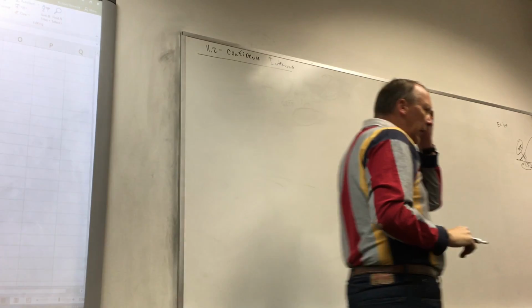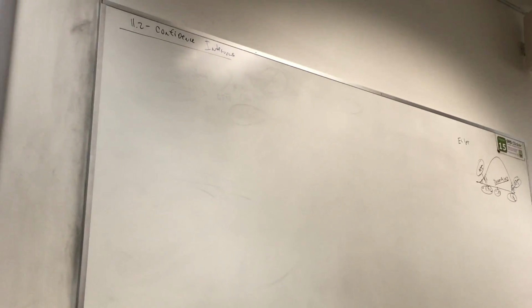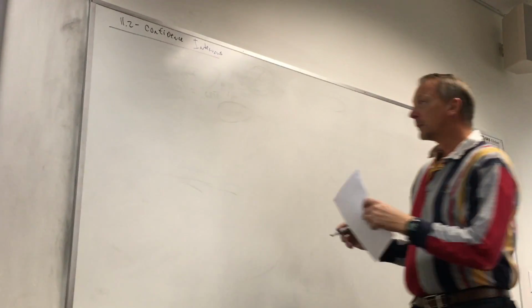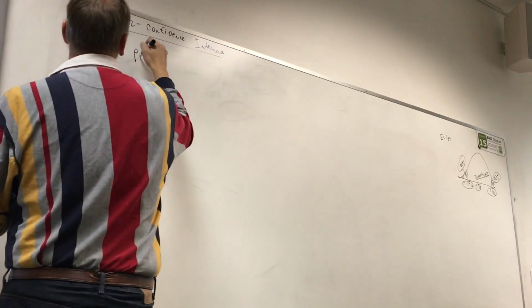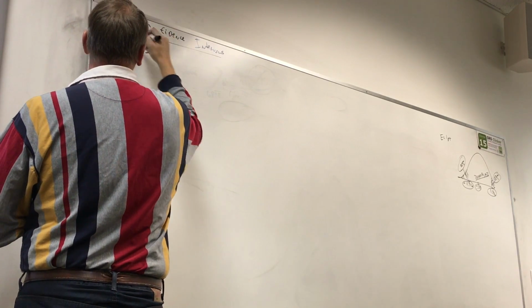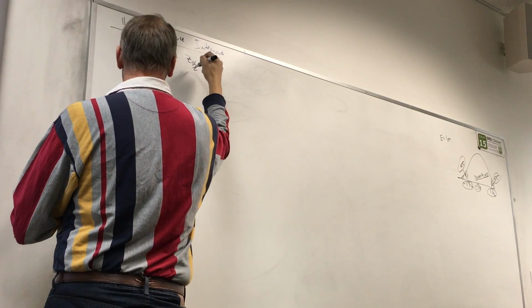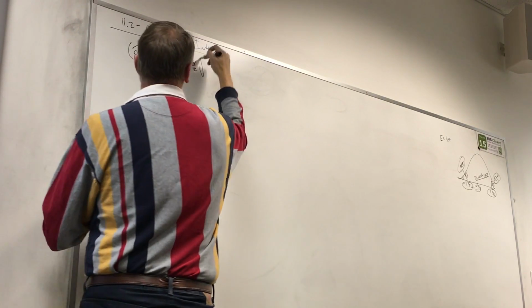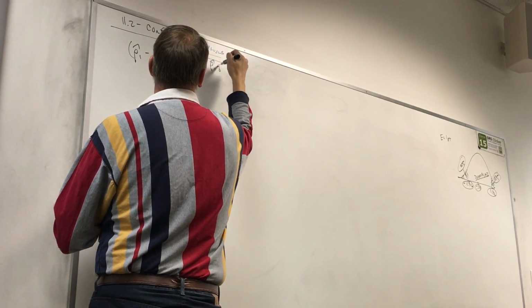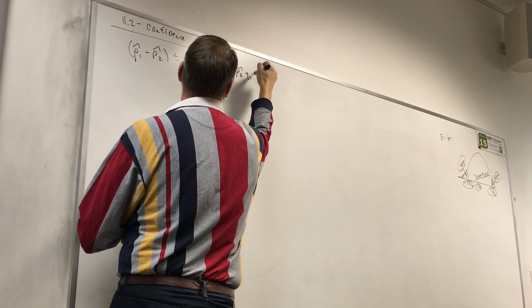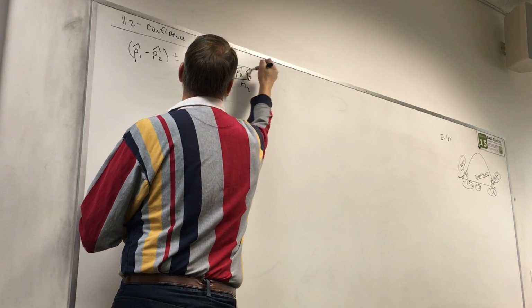So with the confidence interval, I've got a new formula for you. The formula is P1 hat minus P2 hat plus or minus z sub alpha over 2 times the square root of P1 hat Q1 hat over N1 plus P2 hat Q2 hat over N2.